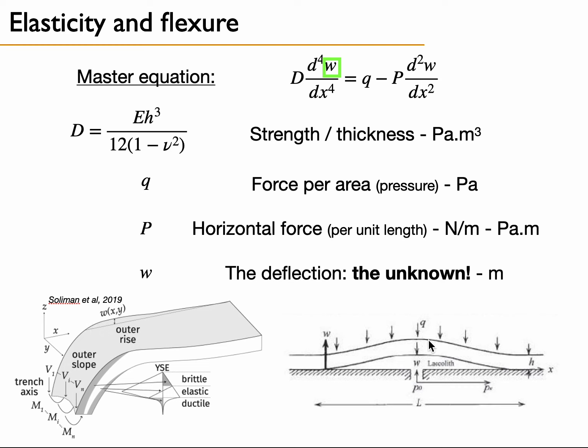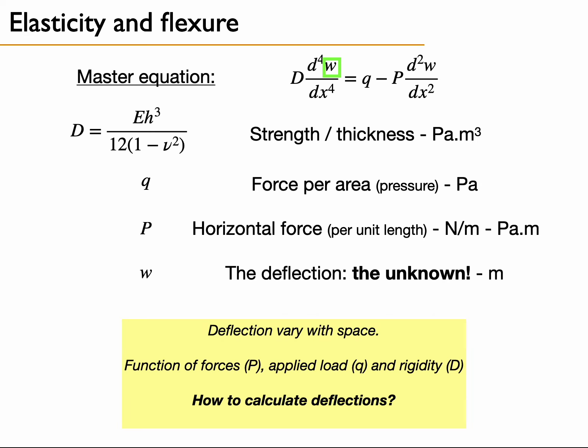And here, for the case of a magmatic intrusion that caused the development of a laccolith, W will be this displacement here that we wish to predict with our equation. So the deflection W will vary with space, and it is a function of forces P, load Q, and rigidity of the plate which is being deformed.